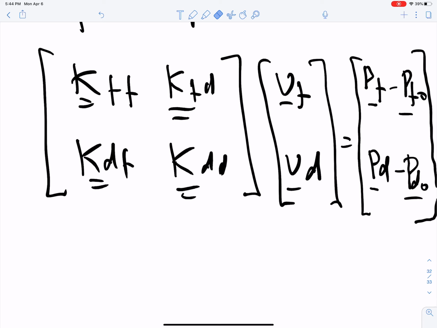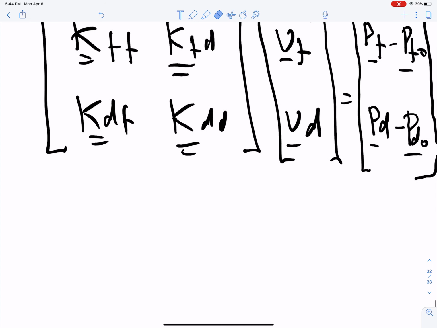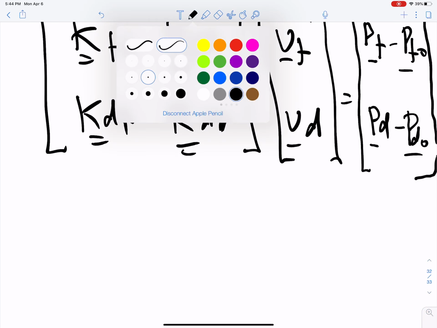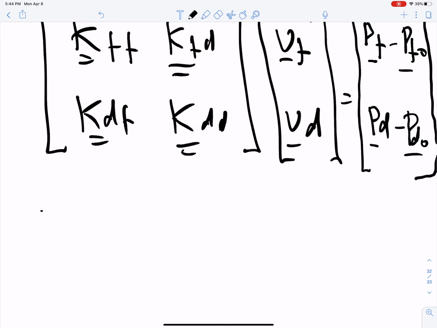Okay. And so first, right, as a step 1, you're going to solve for UF, okay, and looking at the equations, right, you're going to find that this is going to be KFF minus 1, right, times what?